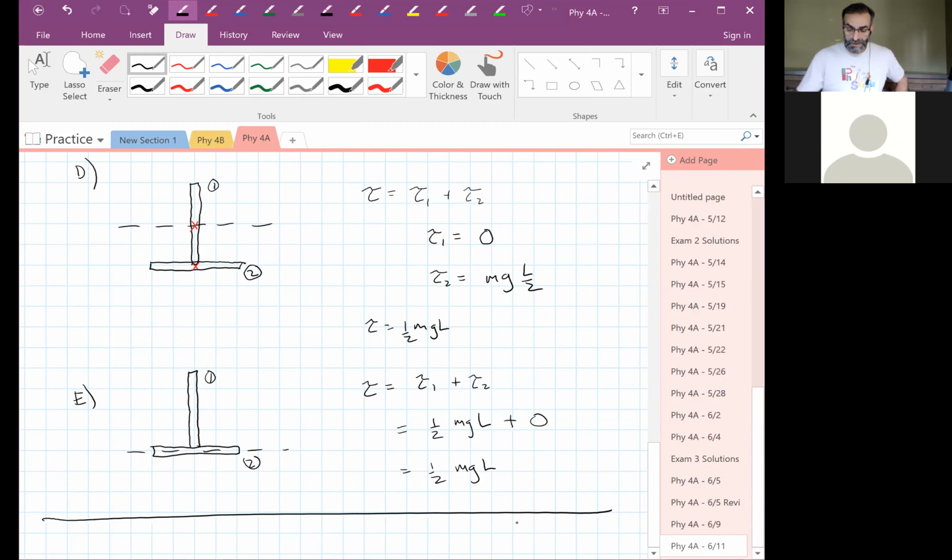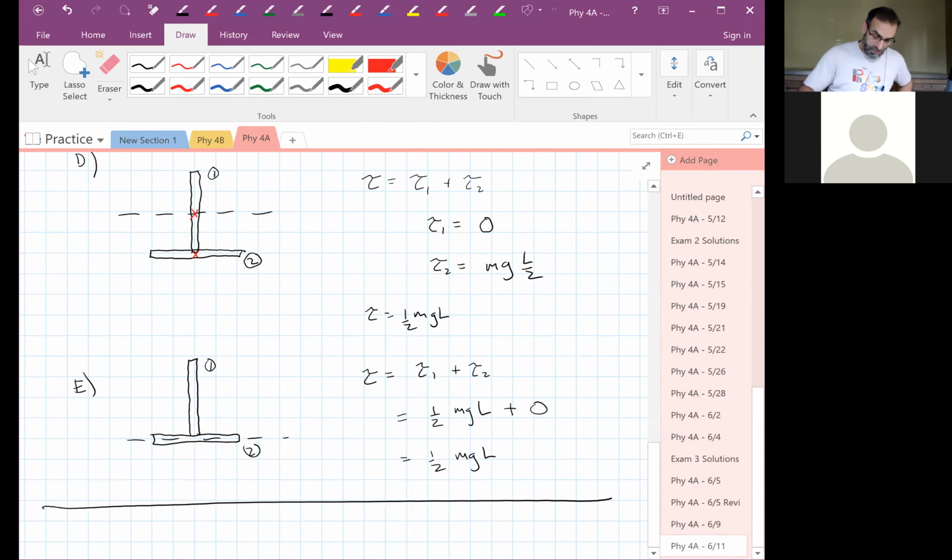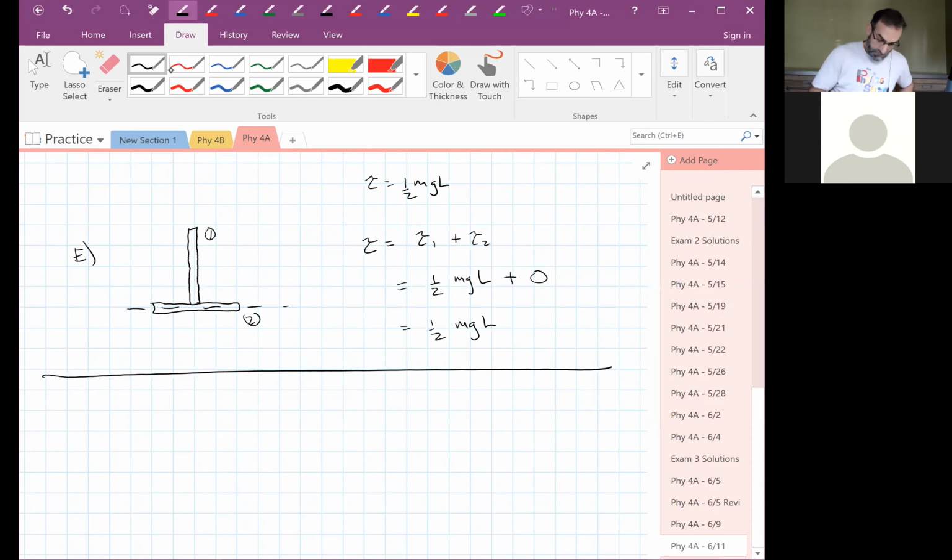All right. Good with this one? Now, what are we going to do? We're going to put it all together, right? Yeah, perpendicular distance from the line of the force to the axis of rotation. That's correct.